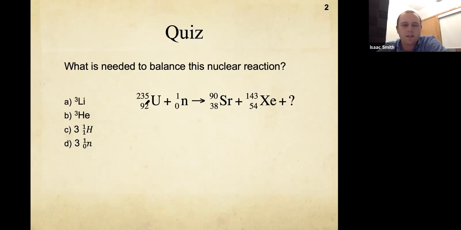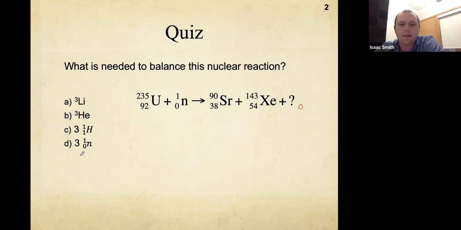Okay, so on the left side we have 92 protons in uranium and then 0 protons in this neutron. So we need a total of 92 protons on the right side. Okay, so 38 plus 54 would be 92, right? So we don't need to add any more extra protons here.